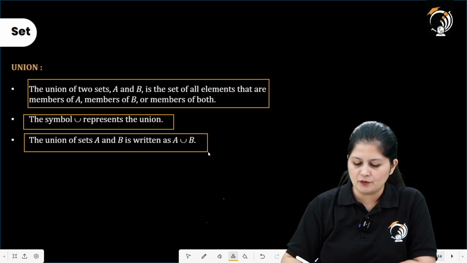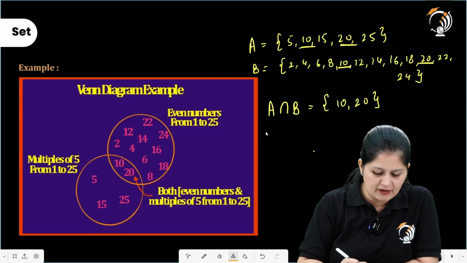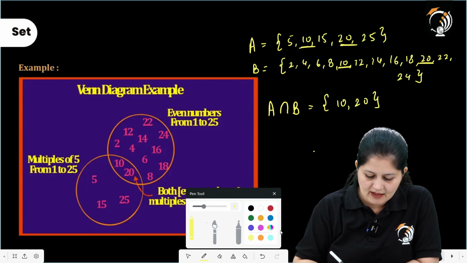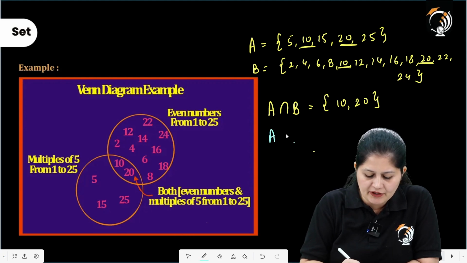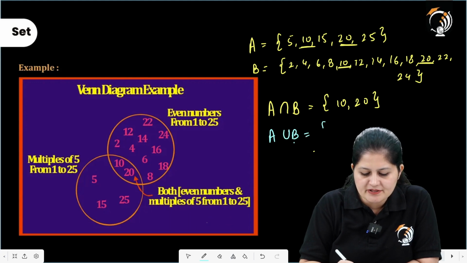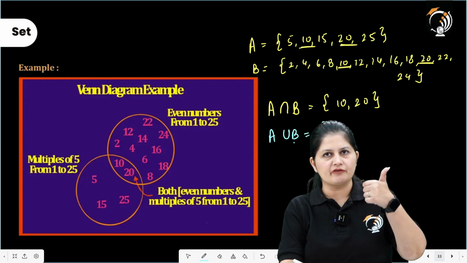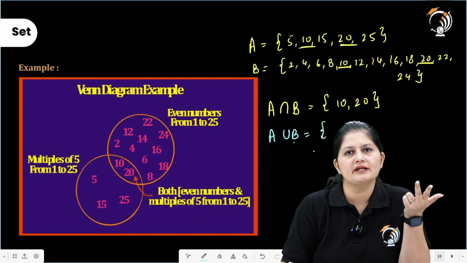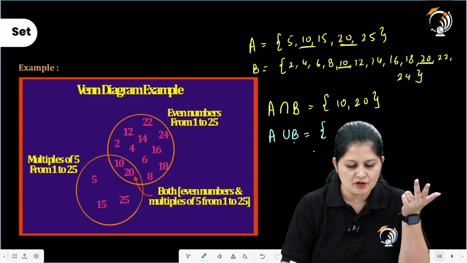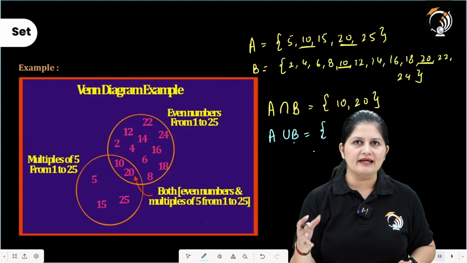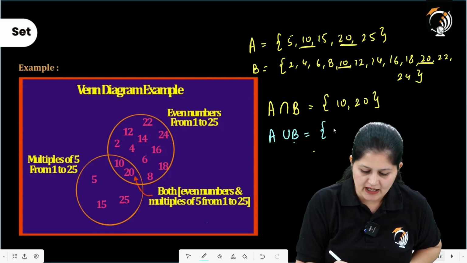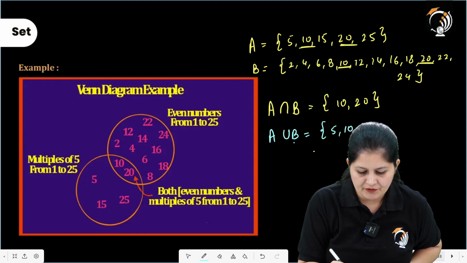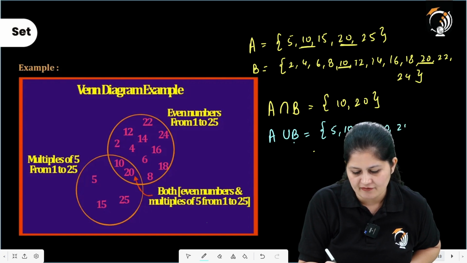Now, let's get back to the example that we were doing. If we need to write what A union B is, it includes all the elements of A, all the elements of B, and the elements that are common in A and B. All the elements of A are 5, 10, 15, 20, 25.